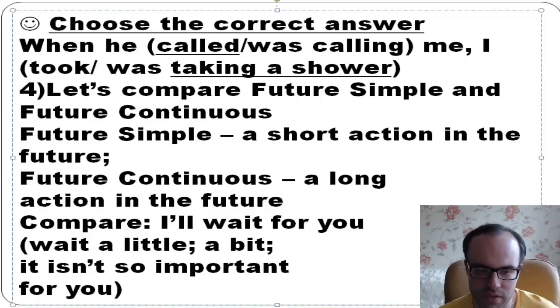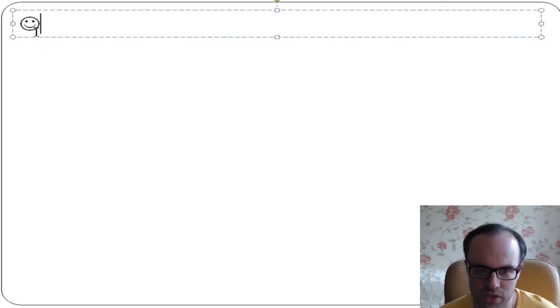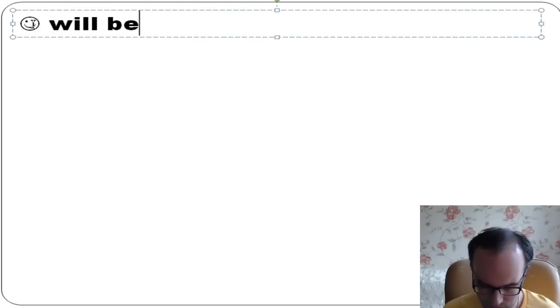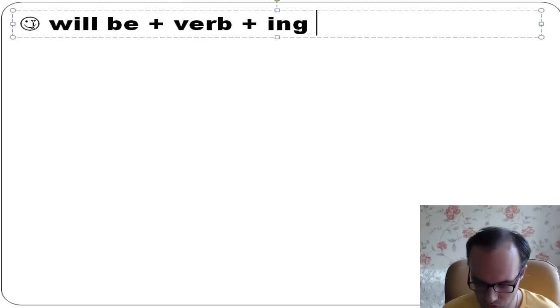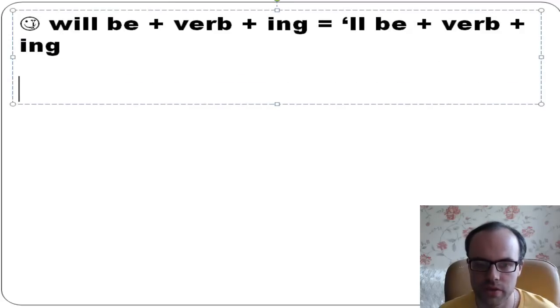If you use future continuous, it's will be plus verb plus ing, or you can also use a short form: I'll be waiting for you.